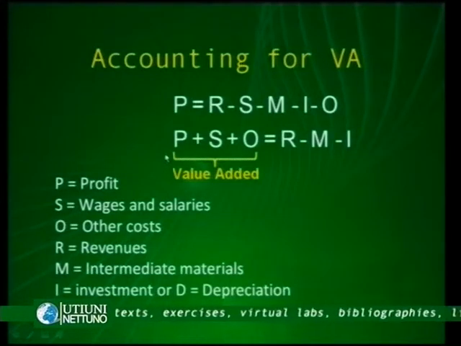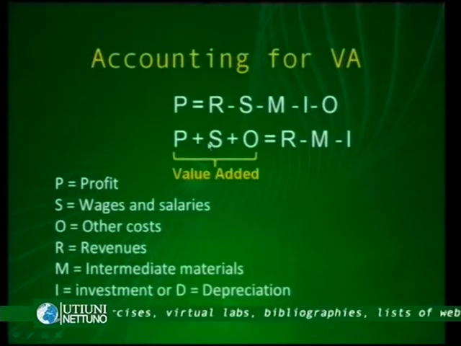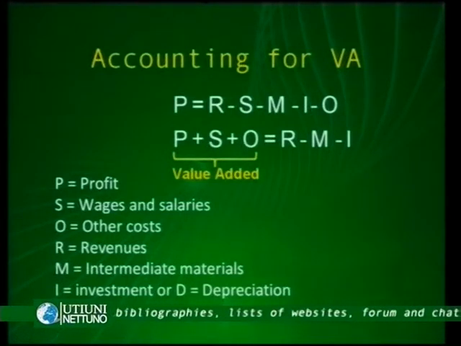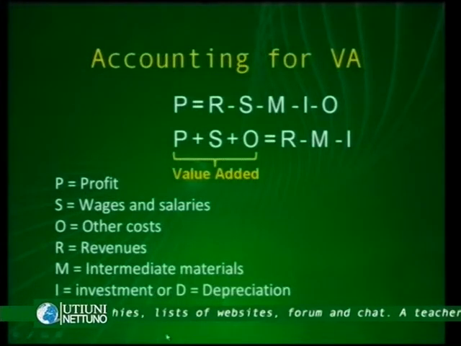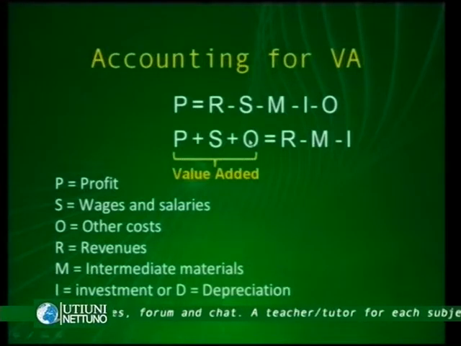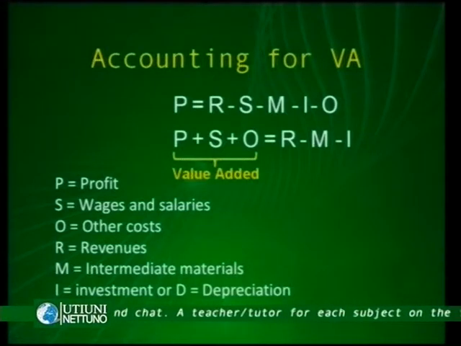So in this equation we have profit plus wages and salaries plus other costs that represent interest, rents, and direct taxes. So they are here. They can be defined as the social surplus we saw before.